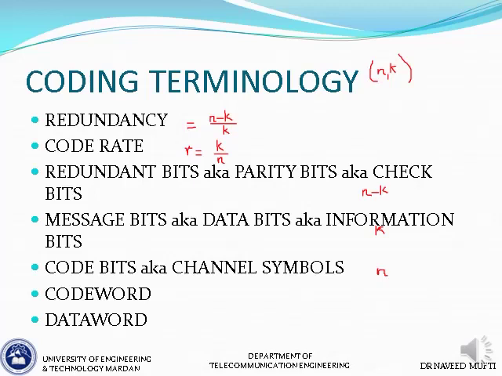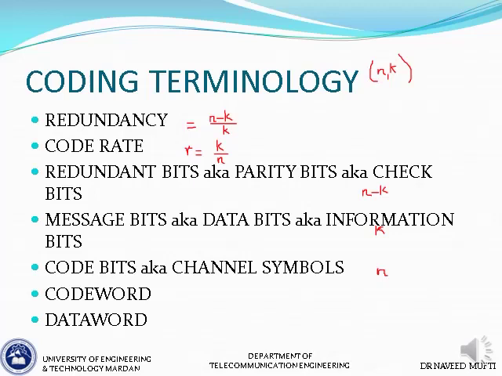Okay, so now we come over to the last two terms, code word and data word. First I will discuss data word. So when a certain number of message bits are grouped together, that is called a data word. So for example, if our system has decided that we will deal with a group of 4 data bits at a time, those 4 data bits together are called a data word.